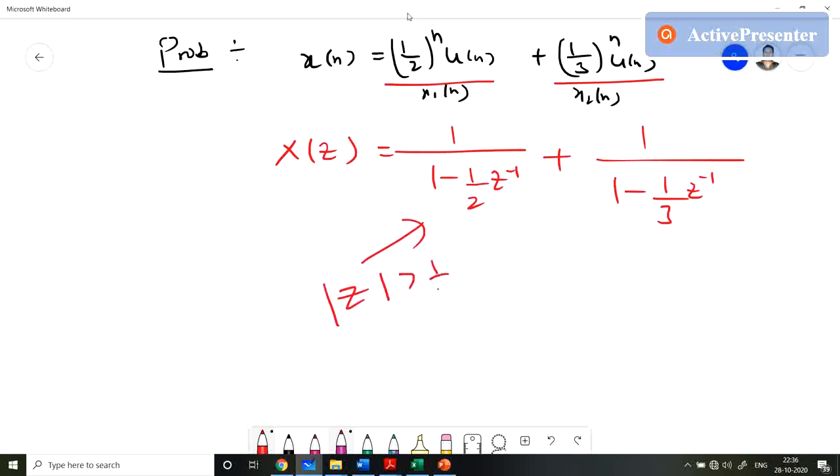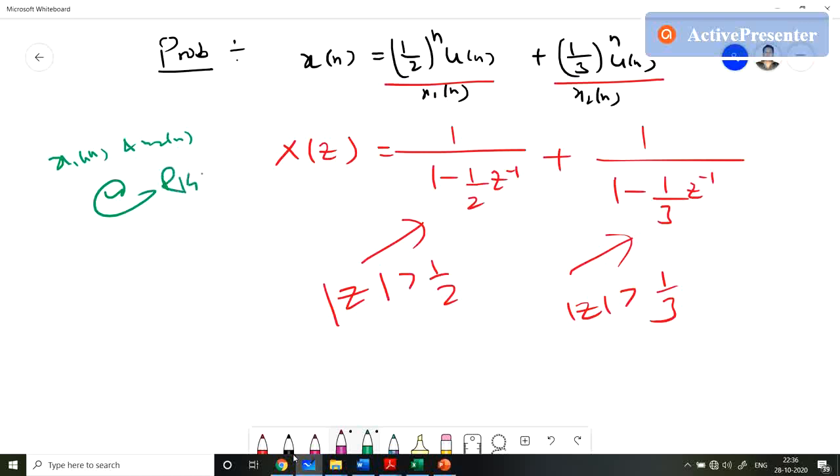The ROC is modulus of z greater than 1/2 for the first term, and modulus of z greater than 1/3 for the second, because both signals are right-sided. Since x1[n] and x2[n] are both right-sided causal signals, the ROC is always exterior.